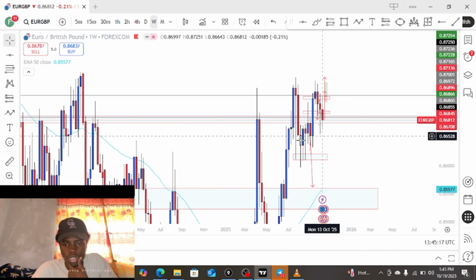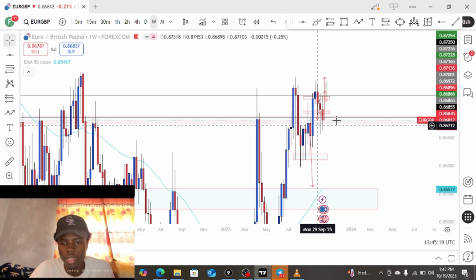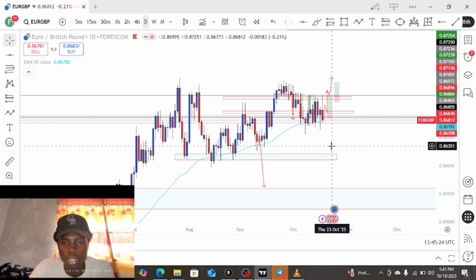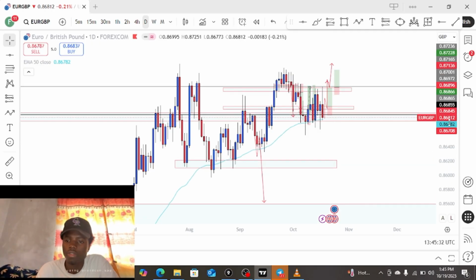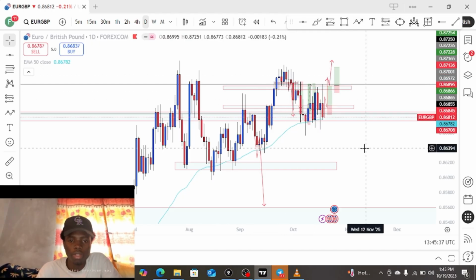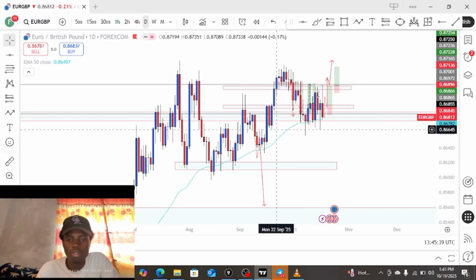The weekly rejection is right here. You can see that it's giving us the rejection, the weekly, and the weekly AOI also. So the weekly AOI also serves as the daily AOI, which means this is a valid AOI. Look at this. It's rejecting it, bro. Rejection from the daily AOI as well. Rejection from EMA.